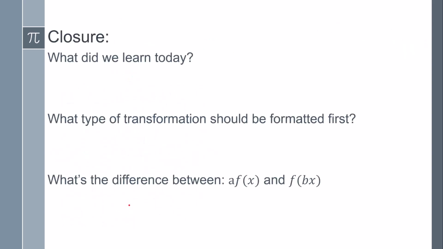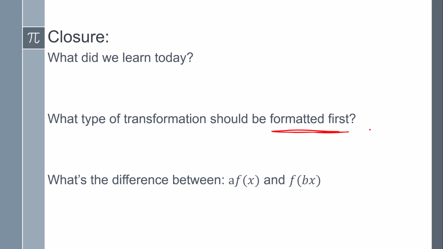So closing today's lesson, what did we learn? We talked about the vertical and horizontal shrinking and stretching of our graphs. What type of transformation should be performed first? This is going to be a pre-calc topic, but when you have a horizontal stretch or shrink, you have to factor it, but we're not going to go over that in this class.